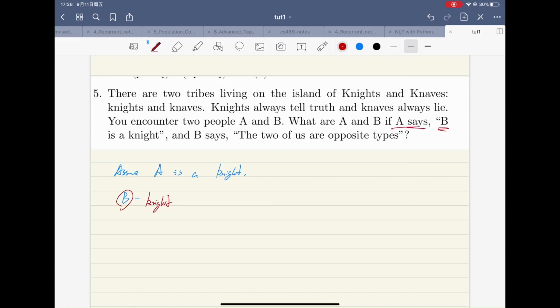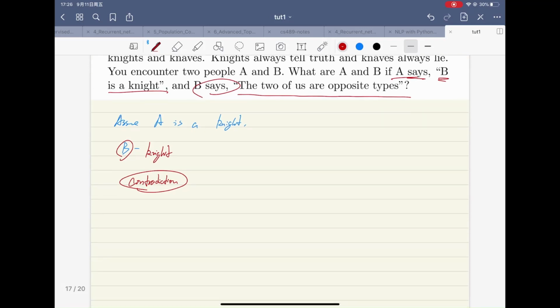Because A says B is a knight. However, B says the two of us are opposite types. So if B is a knight, he never lies. So there is a contradiction, right? Thus, A must be a knave.